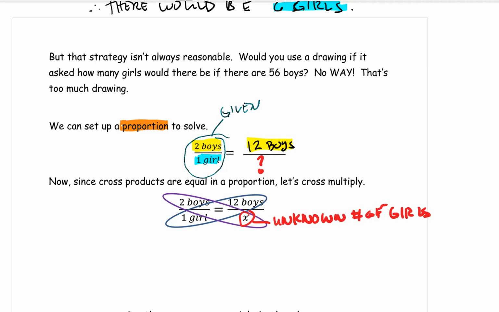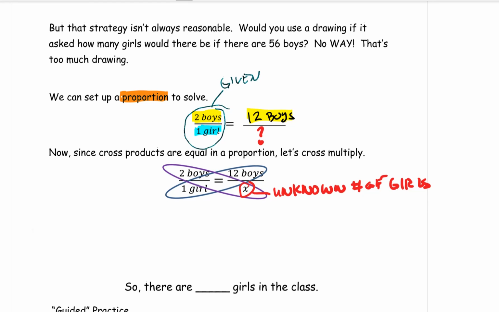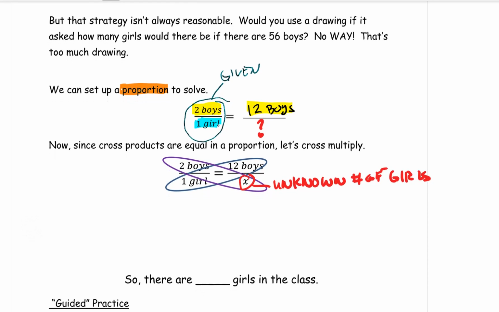So one way of solving is, previously we can say that the two ratios are equal. If we're gonna cross multiply them, their products should be equal, right? So that means that if I cross multiply these 2 boys to x, the product of that will give me the same value as 1 times 12.